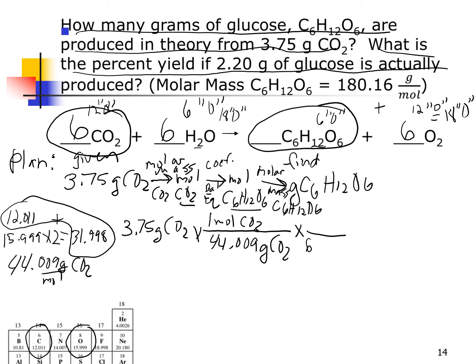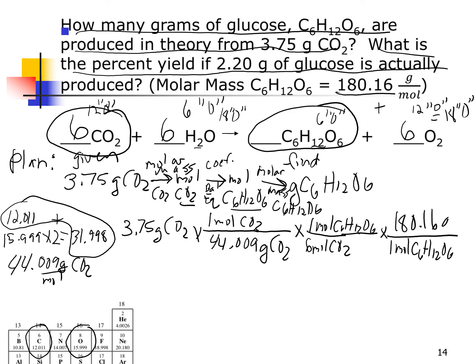So 6 moles of CO2, I'm going to write at the bottom of the fraction, and 1 mole C6H12O6 at the top of my fraction. Now I'm going from moles of glucose to grams of glucose. I'm going to use the molar mass, which was given in the problem. And that says 1 mole of C6H12O6 weighs 180.16 grams. And again, that's of our glucose.